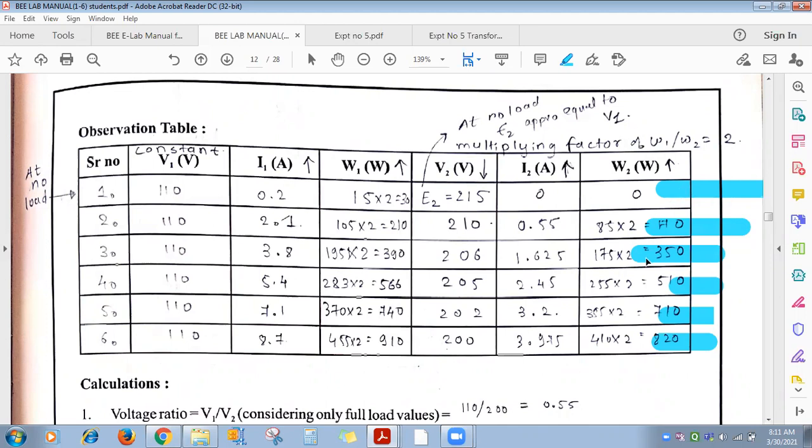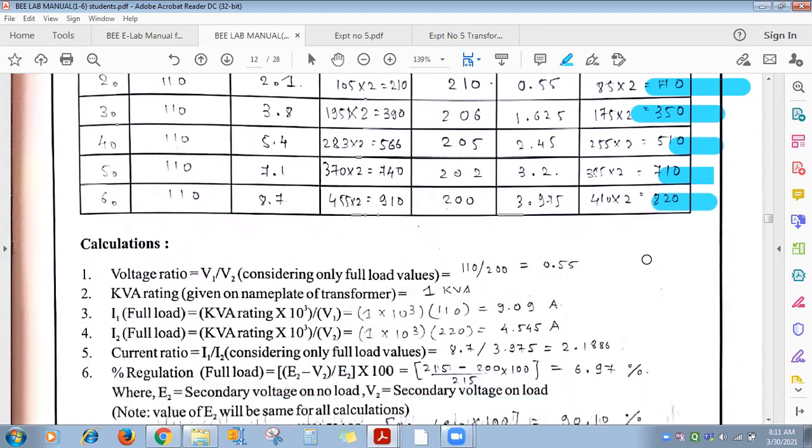So how much load can you put on the transformer so that the current in the primary should not be more than 9.09 ampere, and the current in the secondary should not be more than 4.545 ampere? Otherwise the windings will burn, and then you have to replace them. Replacement cost is high.